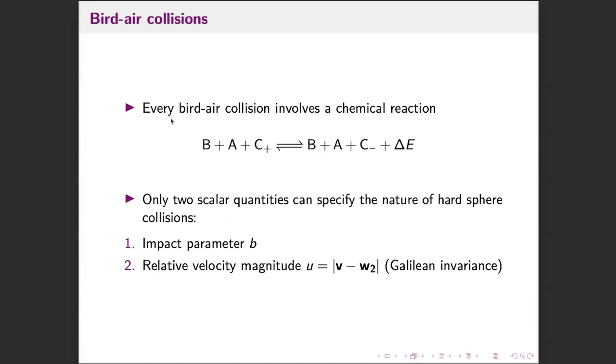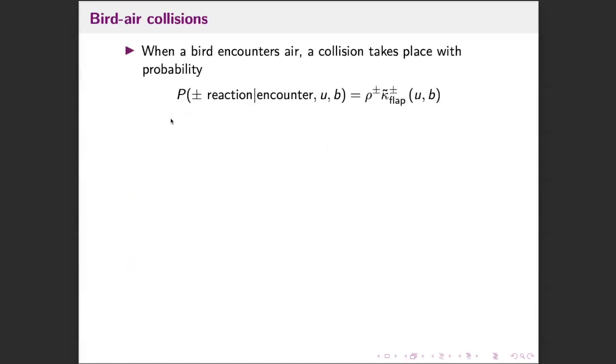Yeah, that's precisely what I. So I just assume that the chemicals are sort of ambient, and when the bird and air collide, there might be a chemical present to bring about this reaction, and the probability that this happens is given by this. But yeah, you just assume that they're around and they can bring about this reaction.